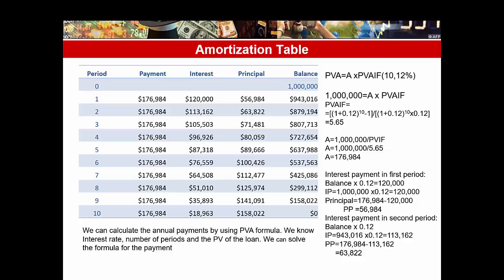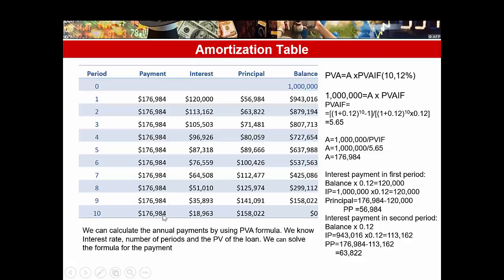And in this case, again, since we are making $176,984 as the recurring payment, the principal that is paid increases to $71,481. And this brings down the principal to $807,713, and so on.